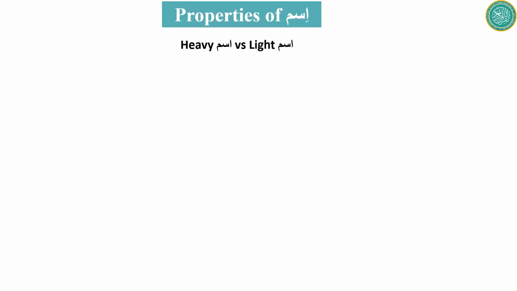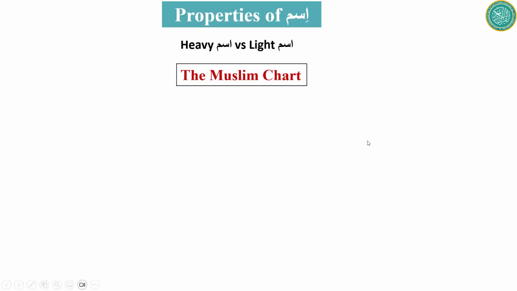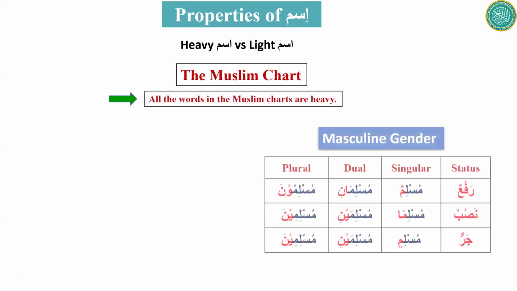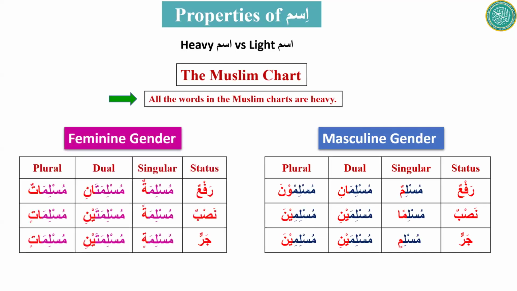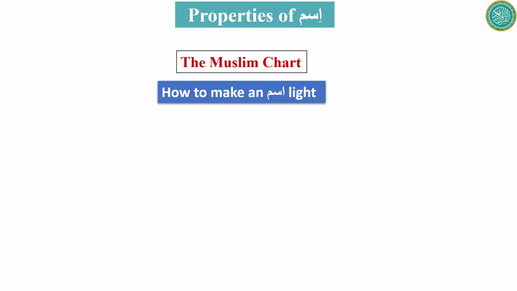Yes, there is a noon sound with the masculine and feminine sound plurals that you have to get rid of. There's a noon sound, Muslimun. When you get rid of the noon sound by making minimum changes, then you can make it light. So how do we make it light?